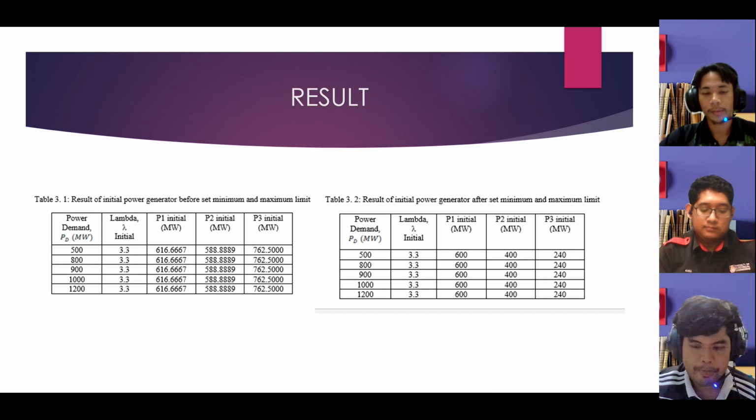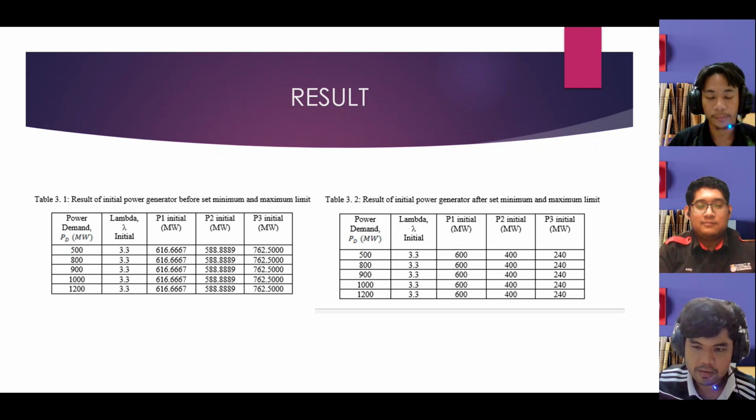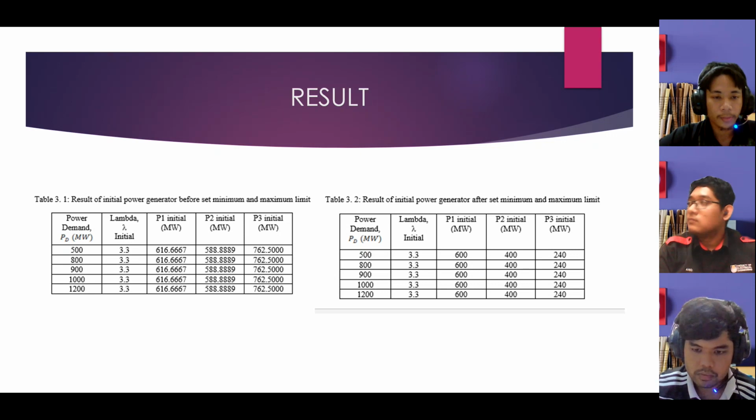Thank you, Muhammad Iman. And for the result, for table 3.1, the result is of the power generator before it is set to the minimum and maximum limit, which is P1 will get all the same as P2 and P3.